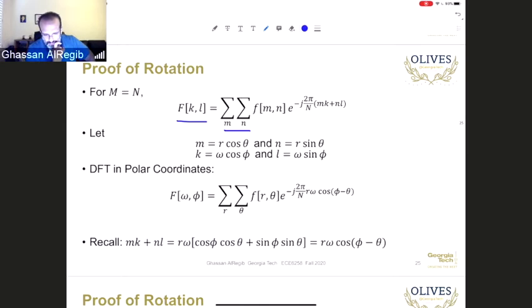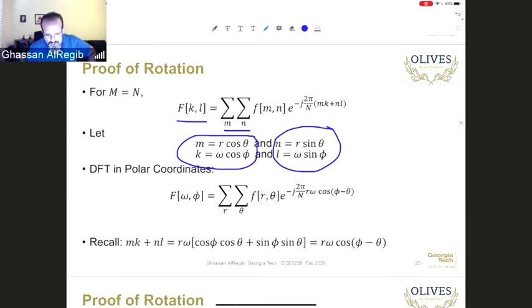So we have this definition, and now we introduce these variables to write the DFT in a polar form, right? So M is R cosine theta, K is W cosine phi, N is R sine theta, and L is W sine phi.